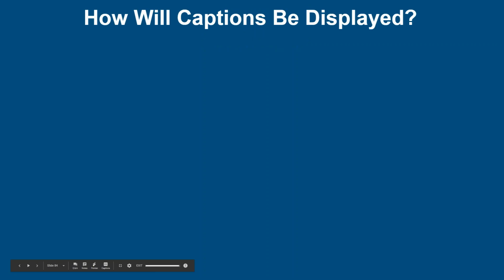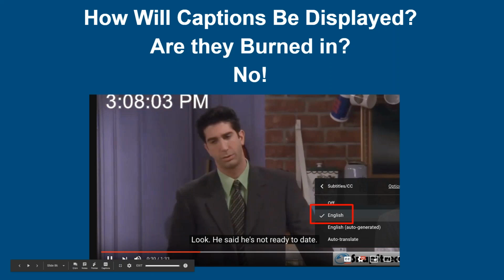Now, a very common question as people are typing in questions: SnapStream captures really good transcriptions for everything that we capture. How will that display in your social media posts, and how will the caption be displayed? Are they burned in? The answer to that question is no. So here's an example of a YouTube clip.